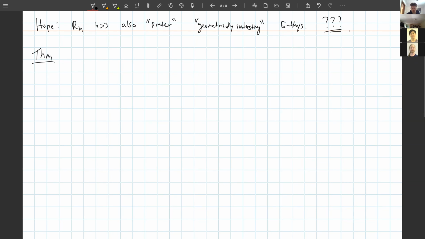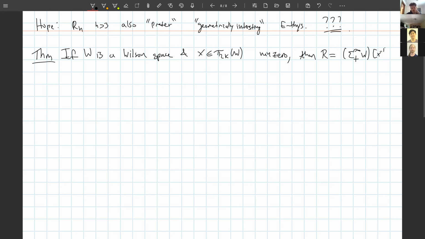So let me talk about that first theorem that I stated, that if W is a Wilson space, and X in pi 2k of W is non-zero, then this ring, say I'll call it R, equal to suspension infinity plus of W with X inverted, has even and torsion-free homotopy and homology.